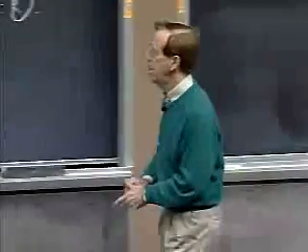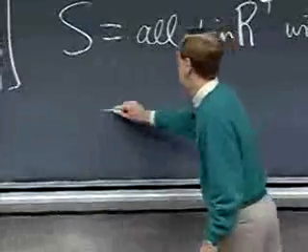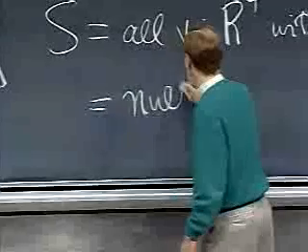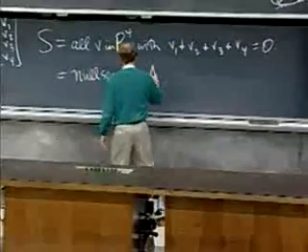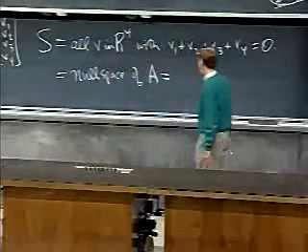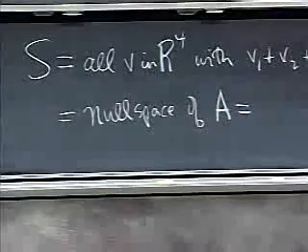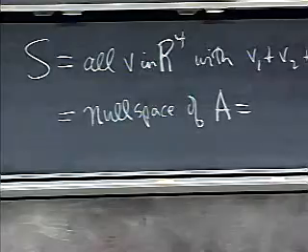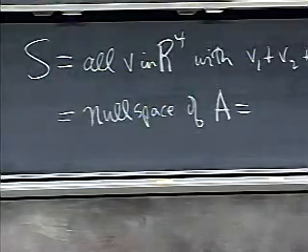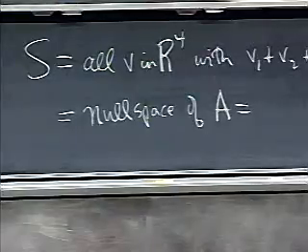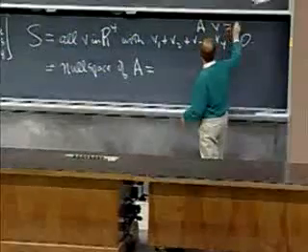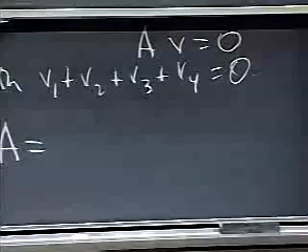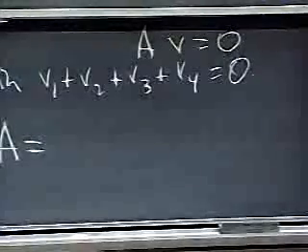This is the null space of what matrix? What's the matrix where the null space is then Av equals 0? So I want this equation to be Av equals 0. v is now the vector.